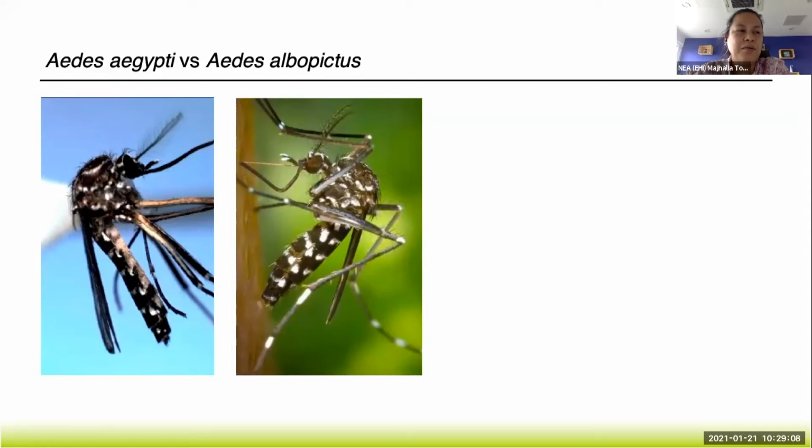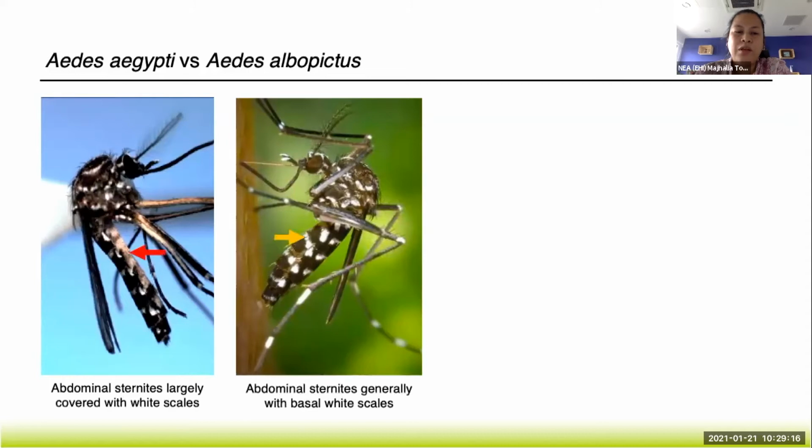Yes, thank you. The abdomen for Aedes aegypti is covered with a lot of white scales. If you compare the abdomen of Aedes albopictus, there are just basal bands on the ventral side of the abdomen.